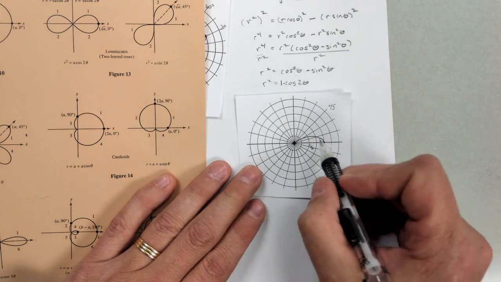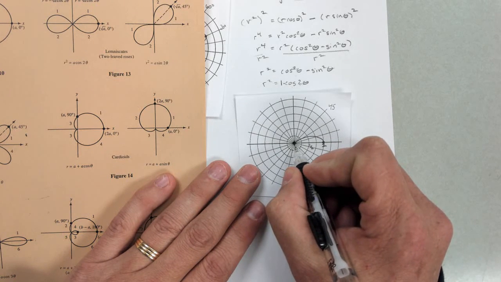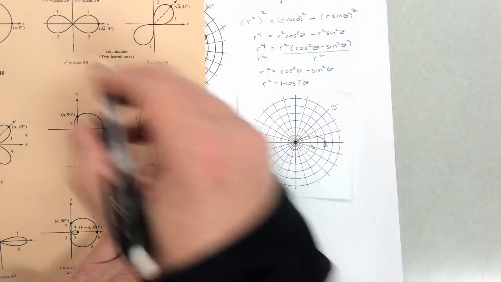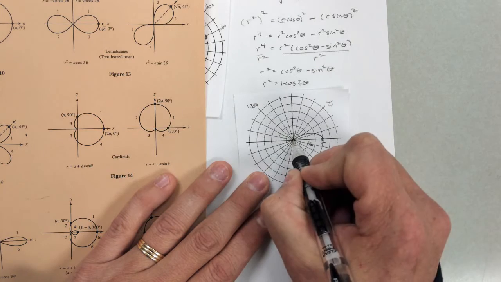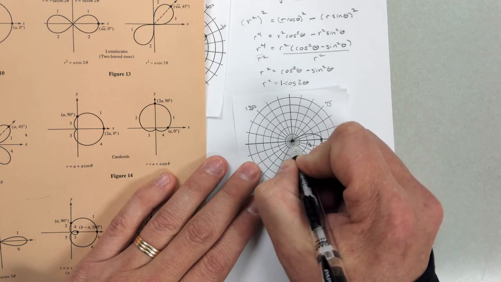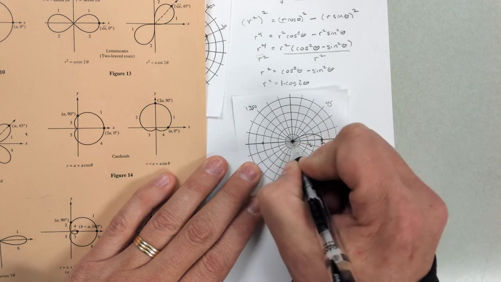Okay? So after that, we can carve out the next petal over here at the 135. So then we start going like this. Wait, 1, 2, 3, 4. Okay, so over here we get.